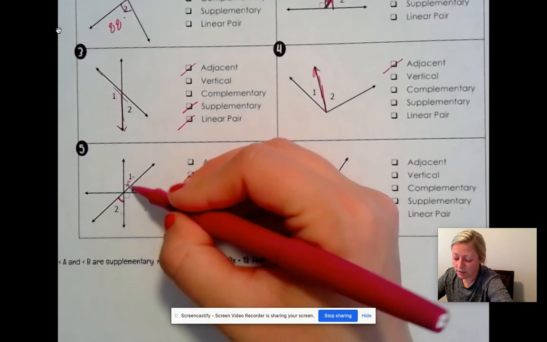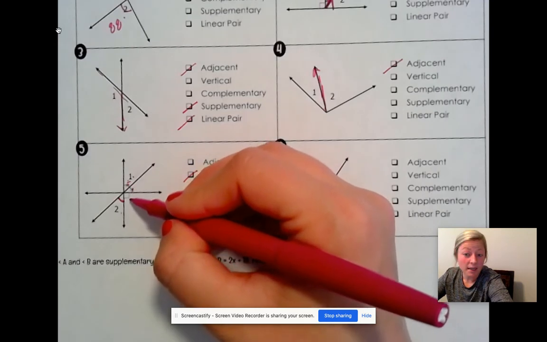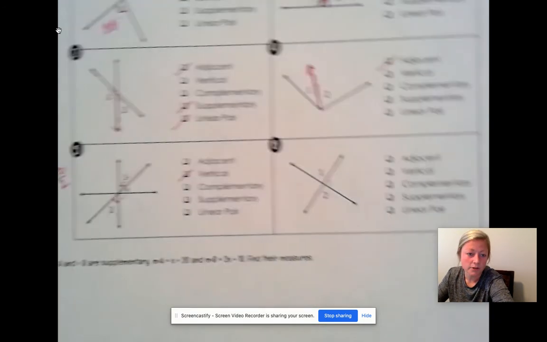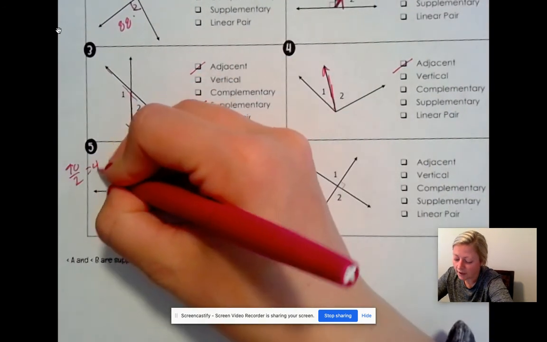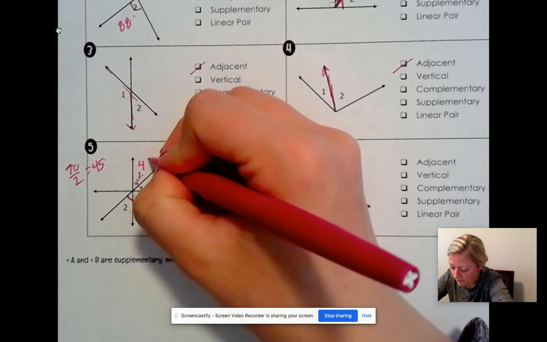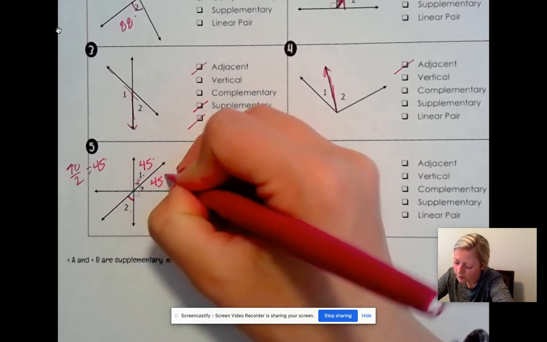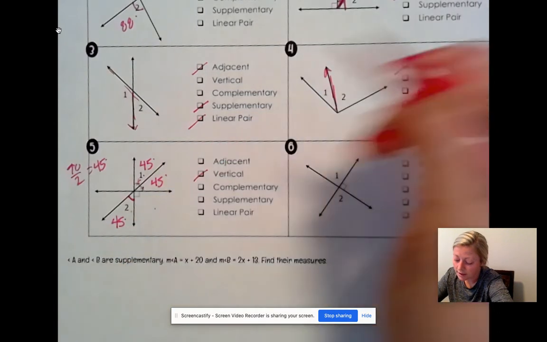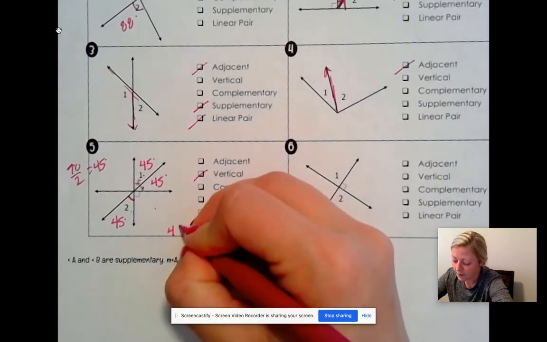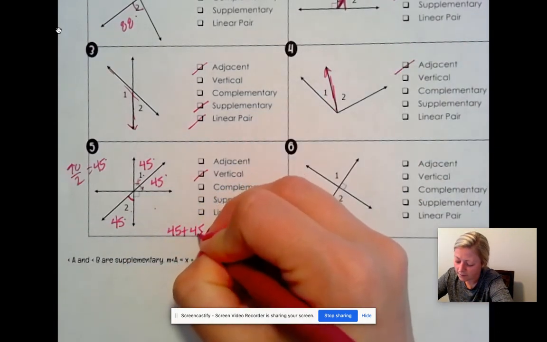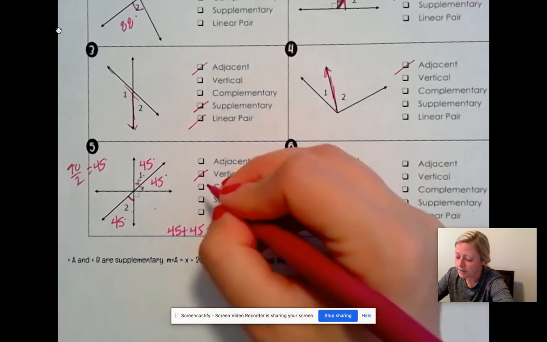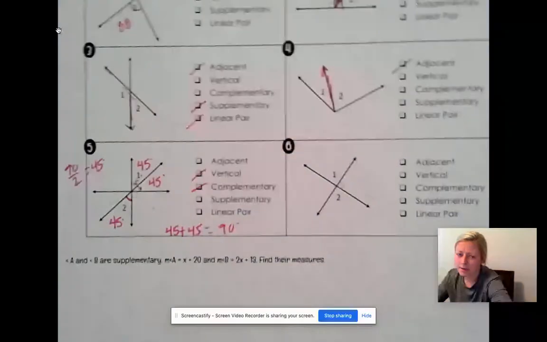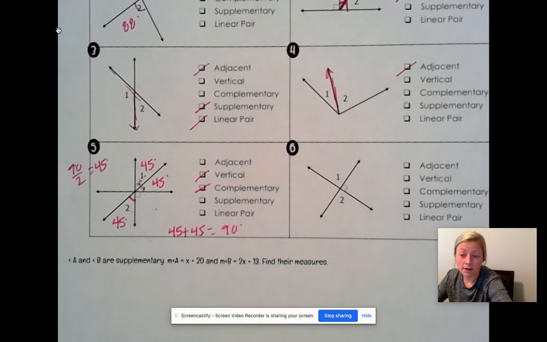Since I know these two are congruent angles and I know they have to add to 90, what's 90 divided by 2? Well, it's 45. So if this angle is 45 and this angle is 45, and since these are vertical, I know angle 2 is 45 degrees. Now let's take 45 plus 45, and we get 90 degrees. If you're confused on that, we can talk about that in class together. Let me know. But yes, they are complementary.